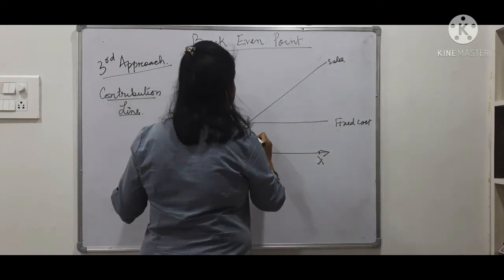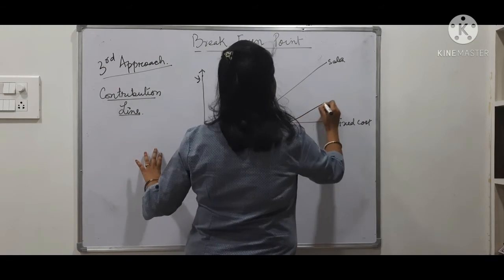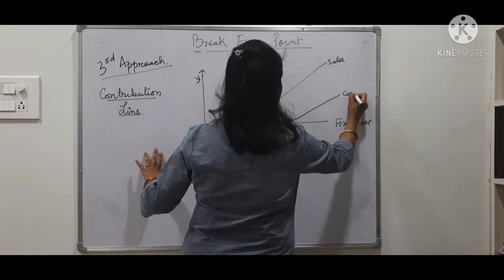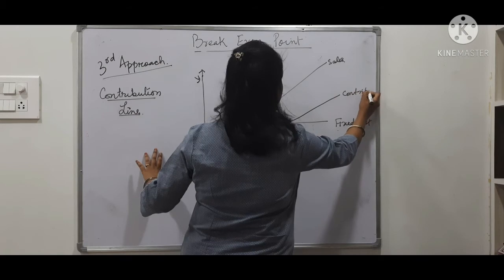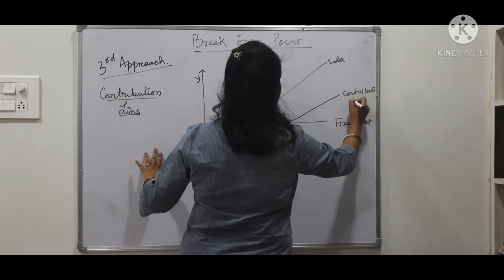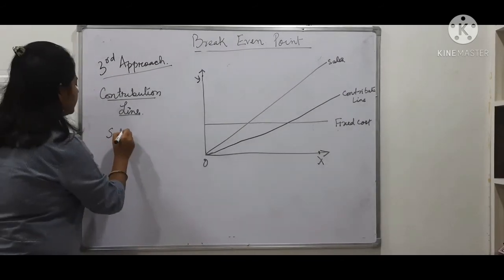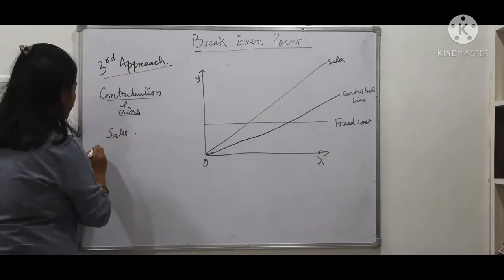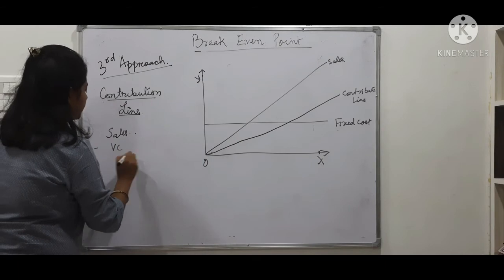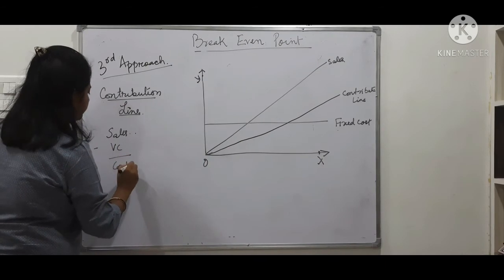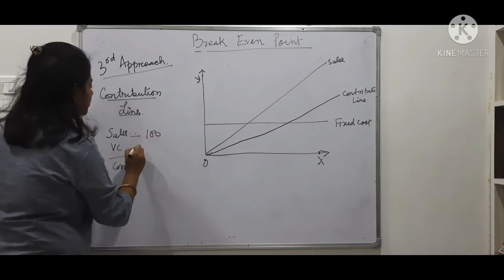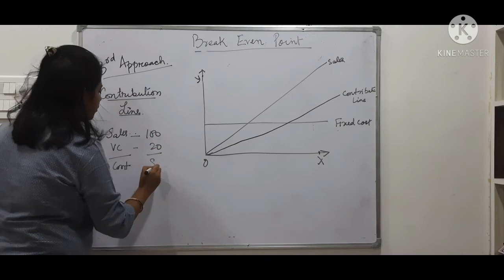As the production increases, my contribution also increases. So this is my contribution. Do you agree that when you produce and sell more, you are going to make more contribution? Sales minus variable cost is equal to contribution. So your sales was 100, variable cost was 20, my contribution is 80.